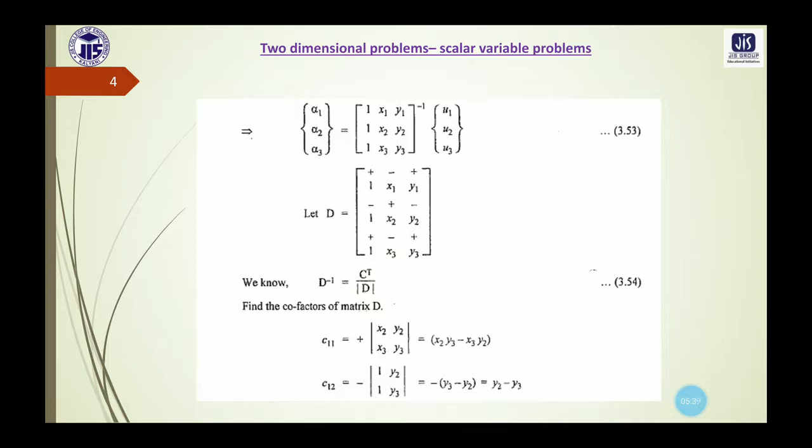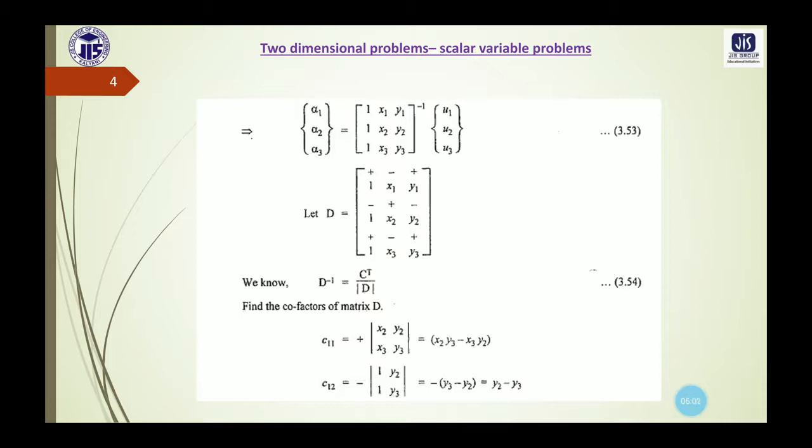Now we consider this 3 by 3 matrix as D. So D inverse will be C transpose divided by the determinant of D. This is from our general concept of matrix operations, equation 3.54.